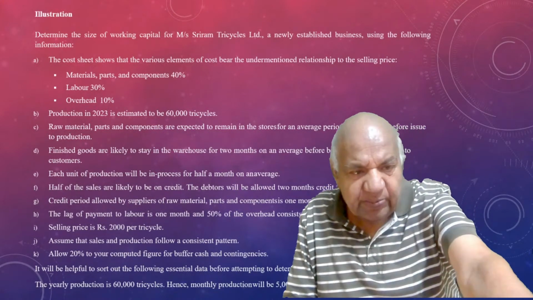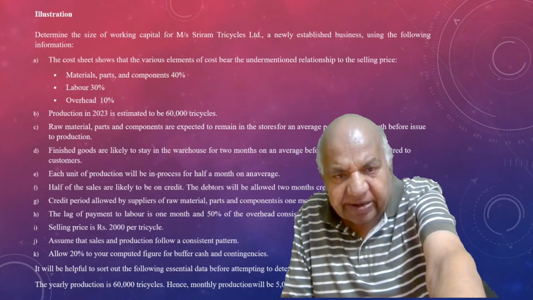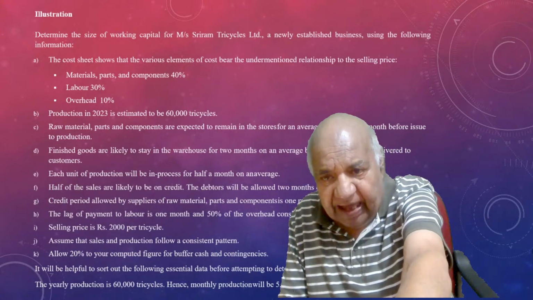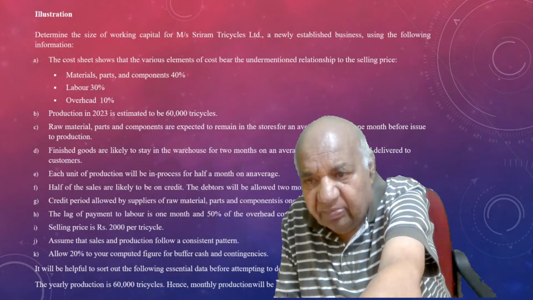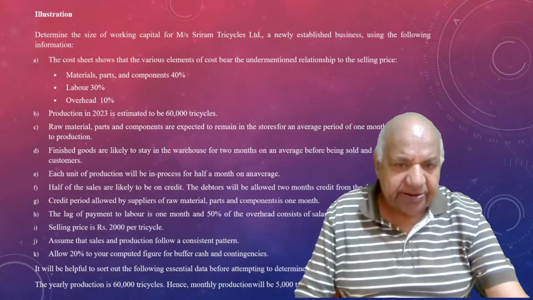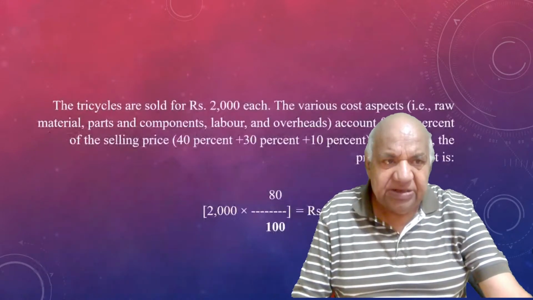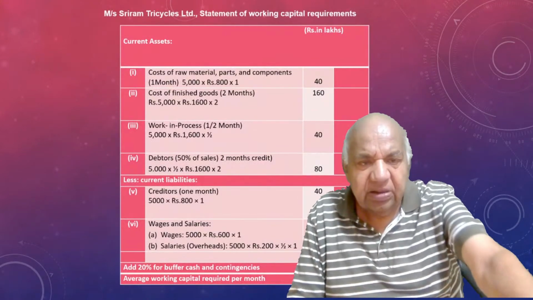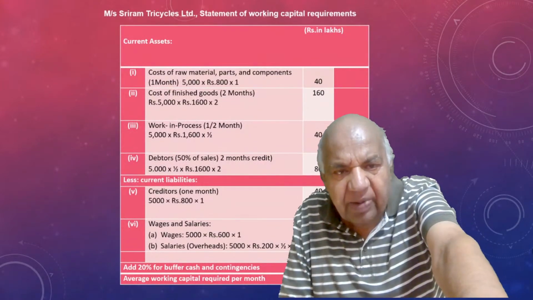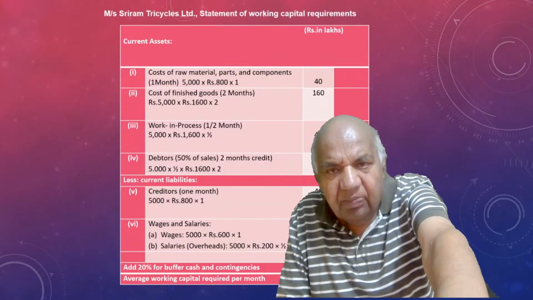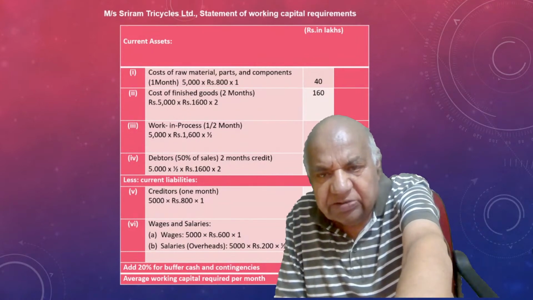And raw materials, parts and components are expected to remain in the stores for an average period of 1 month before issue to production. Means it is calculated for 1 month. 5,000 multiplied by rupees 800 multiplied by 1, it is 40 lakhs.